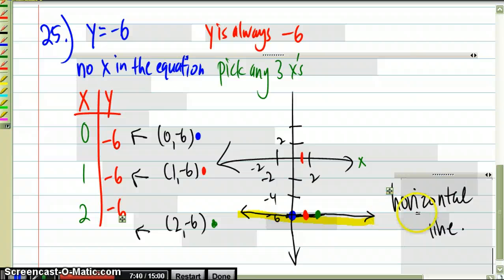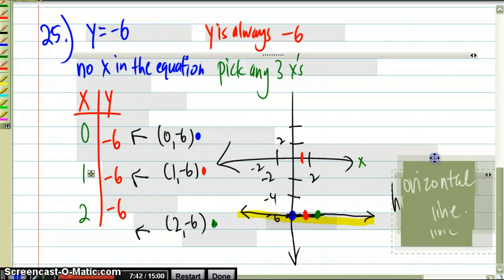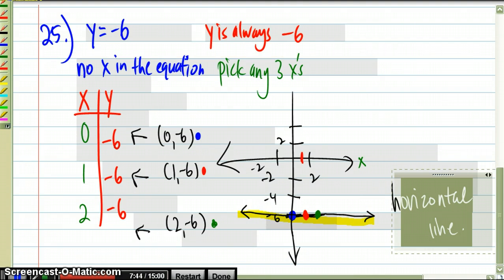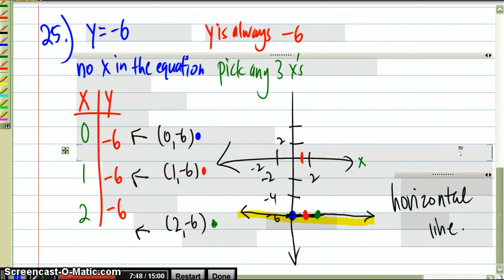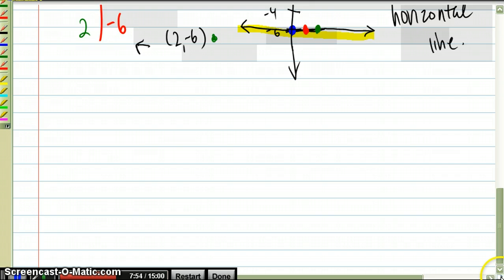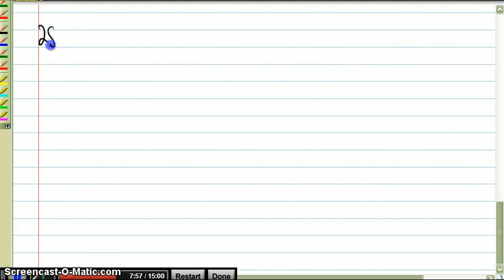So this line that ends up to be horizontal is telling me that the equation means that no matter what x is, y will always be -6.